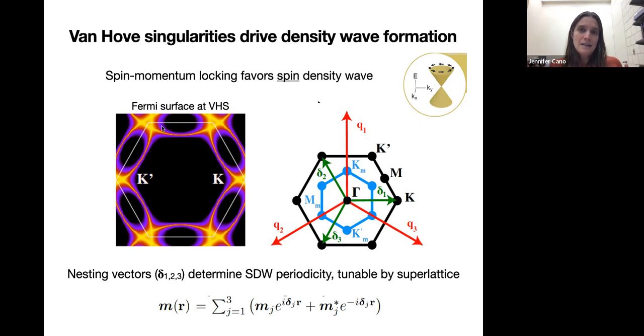And it turns out they will drive a spin density wave because of the spin-momentum locking on the TI surface. As you go around the surface of the TI, at the K point spin is pointing one way, at the K prime point it's pointing another way, and it keeps rotating as we go around the Dirac cone. So if there's any instability with a wave vector connecting the K and K prime points, that's going to connect states which have different spin. And so this is going to drive a spin density wave. We then study this magnetic instability.